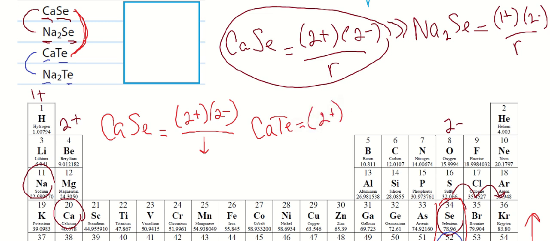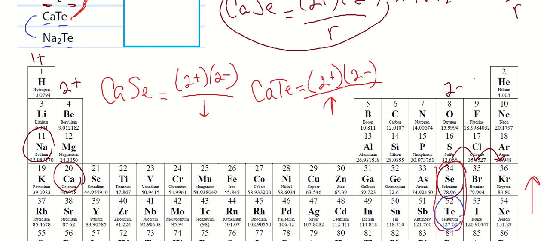By the way, these are not the actual charges. These are just the integer values we're using for comparison purposes. If you were to get exact calculations, you would use the actual charge of the electron and proton. And this one here is larger. The radius is larger because telluride has got all those extra electrons. It's got 54, because it gained 2.